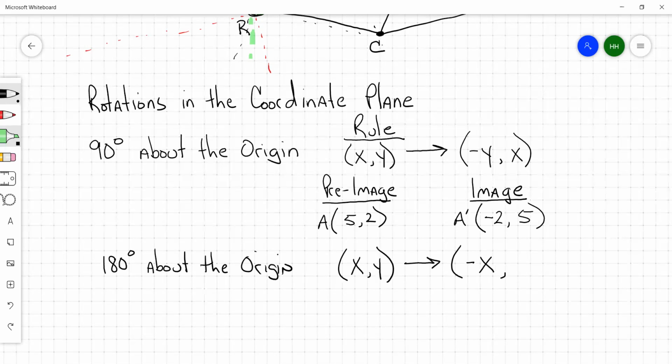Your new y will be the opposite of your original y. So if our pre-image of point B is at 5, 2, and we're going 180 now, where's our B prime going to be? -5, -2. Very good.